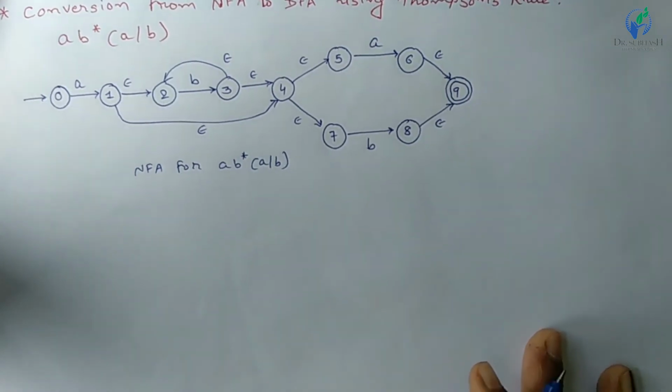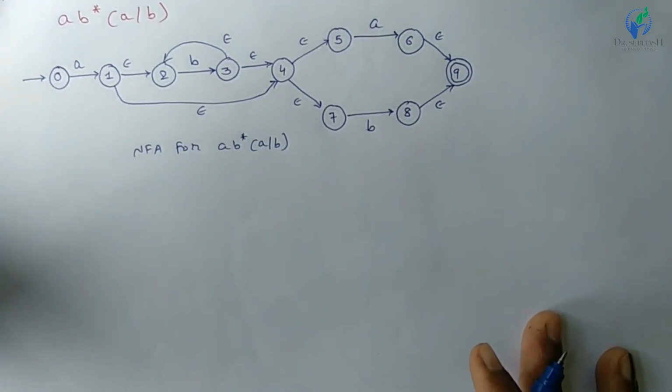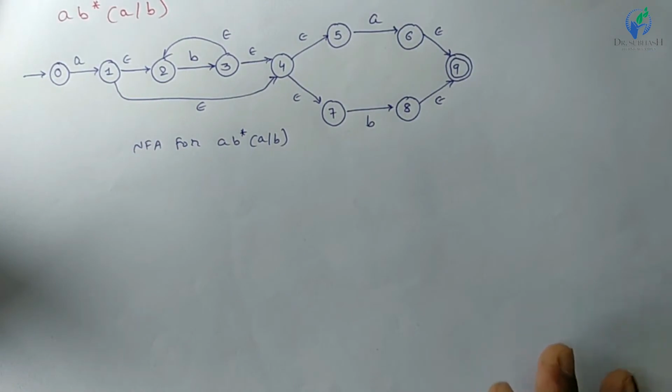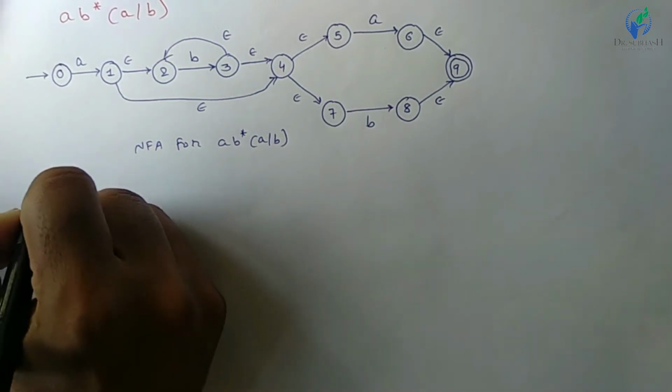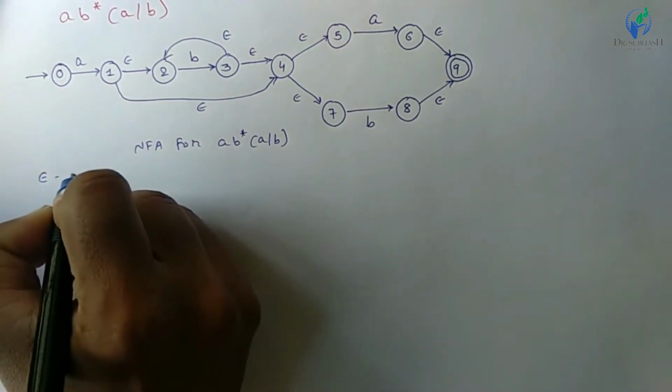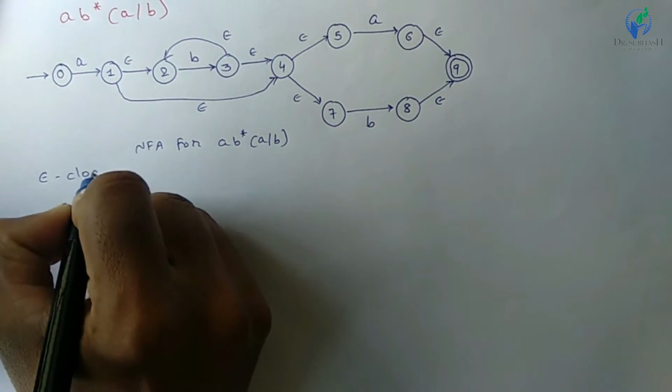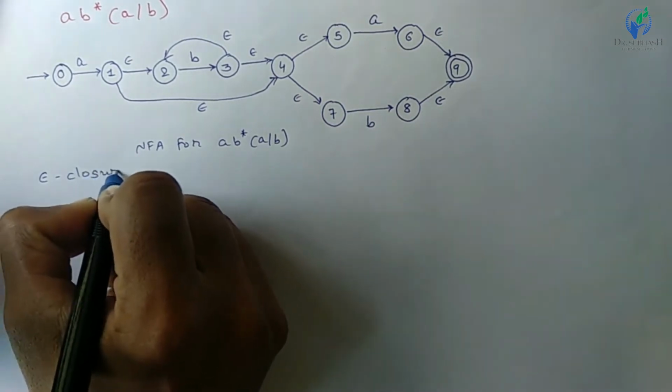So first you have to draw the NFA using Thompson's rules for the given regular expression. Then find epsilon closure. First start with the initial state, epsilon closure of 0.